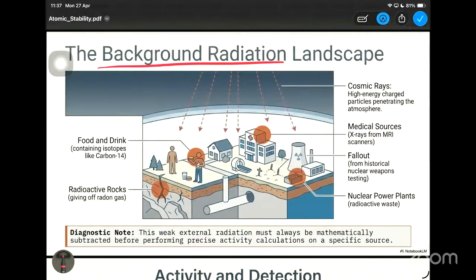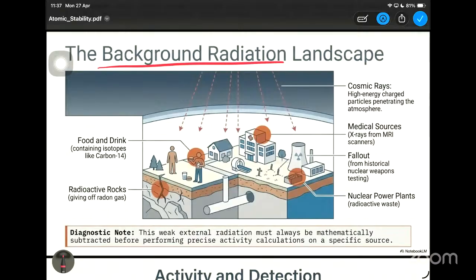So when there's an explosion, different sorts of radiation are emitted. Those radiations will be embedded in these objects, right? So food and drink will contain different sorts of radiation, and there will be radioactive rocks in the soil, right?